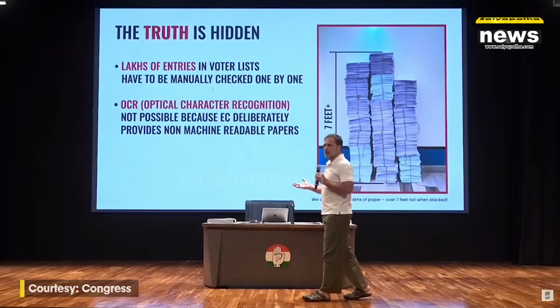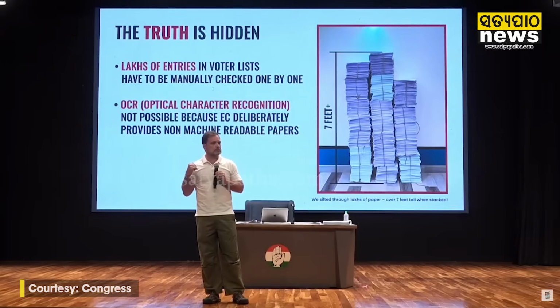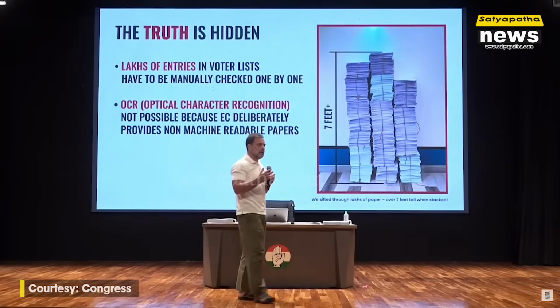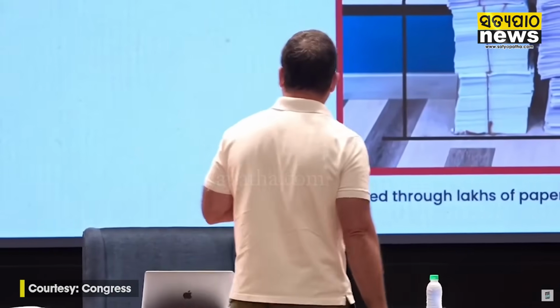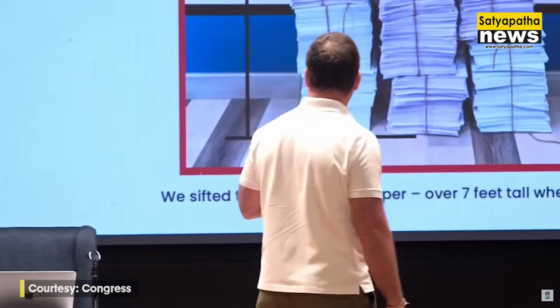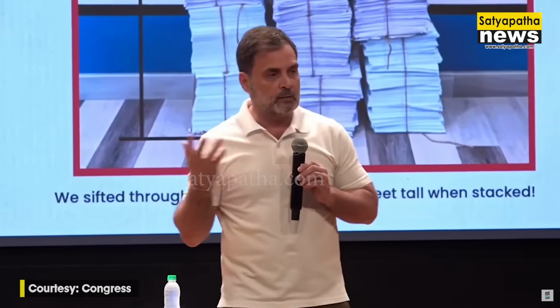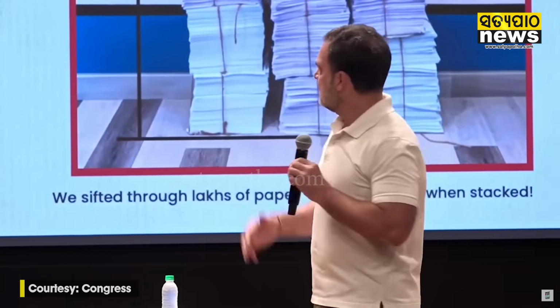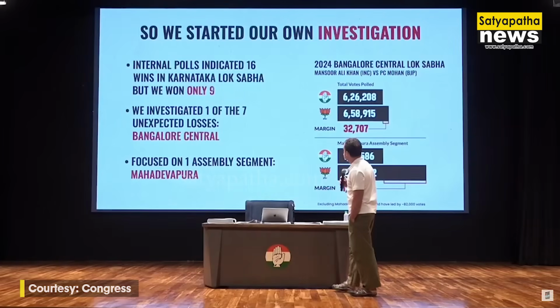Why is the Election Commission protecting these pieces of paper? Okay, you don't want to give a soft copy, but why are you protecting these? Right? The EC deliberately provides non-machine readable papers. This was another thing that when we discovered it, we were like, this is strange.